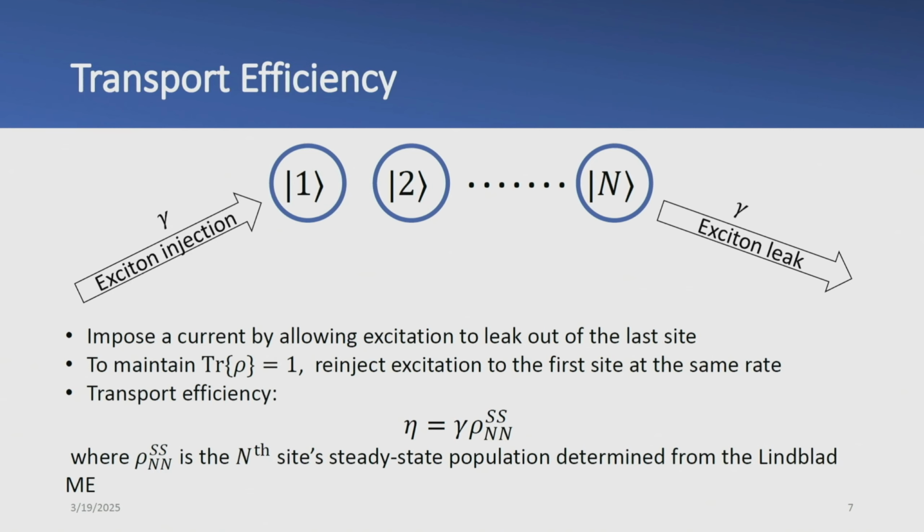In this scheme, I'm defining transport efficiency just as the flux of population through the last site. So that is eta equals gamma, the rate at which excitons are leaking, multiplied by the steady state population of the last site. And this eta, this transport efficiency, is the quantity I'm maximizing with respect to the system energies.